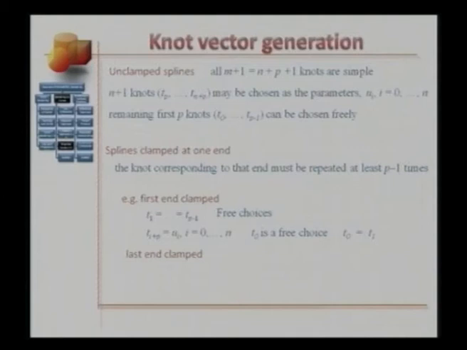Now the case with the last end clamped. Well, here we can have the first n plus 1 knots as Ti equals Ui.